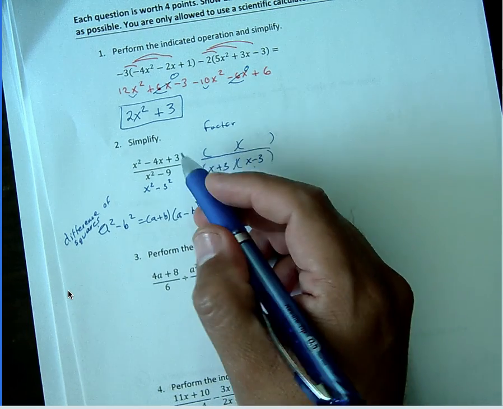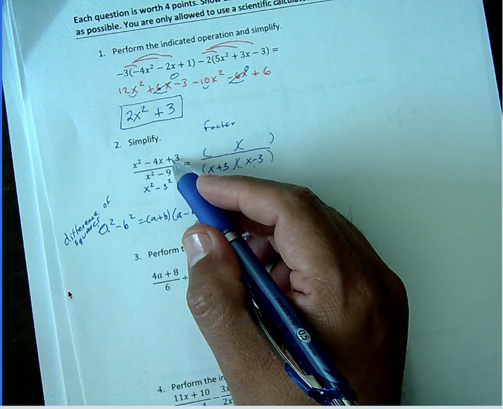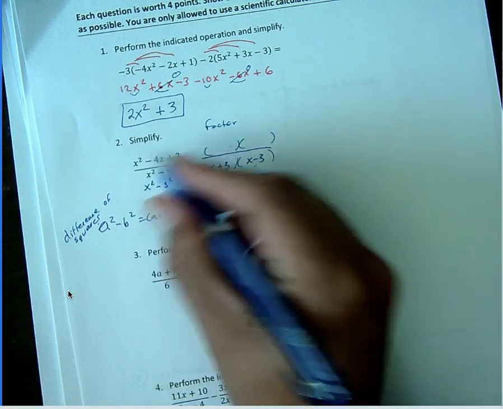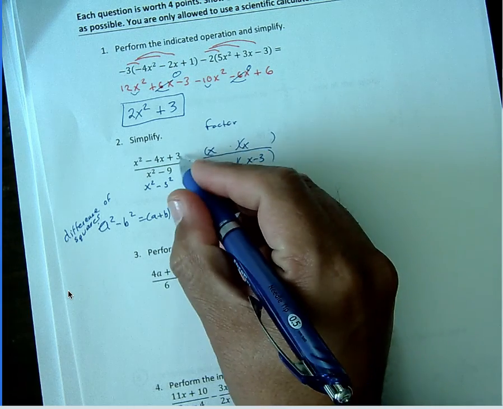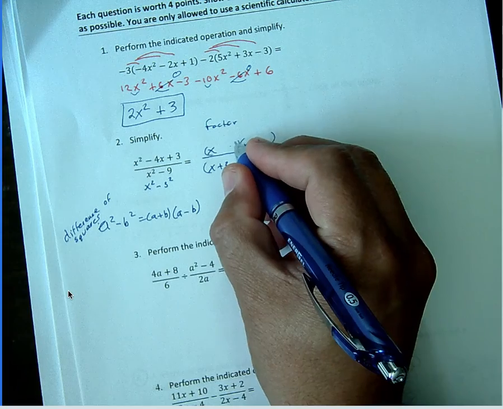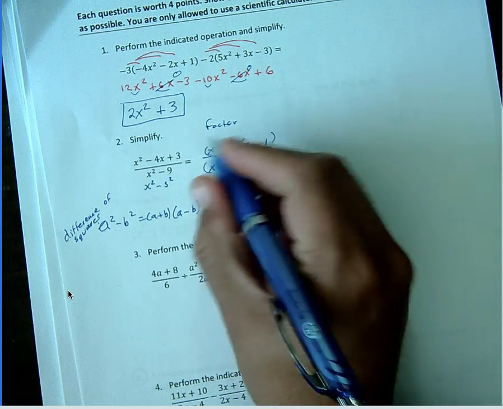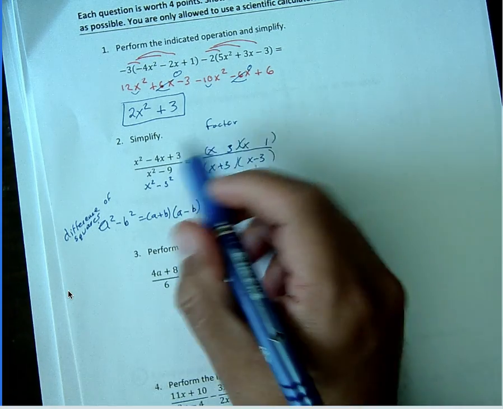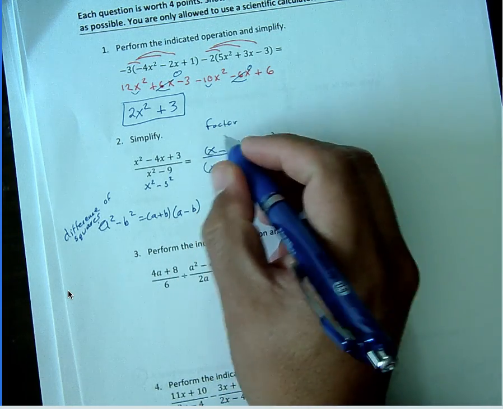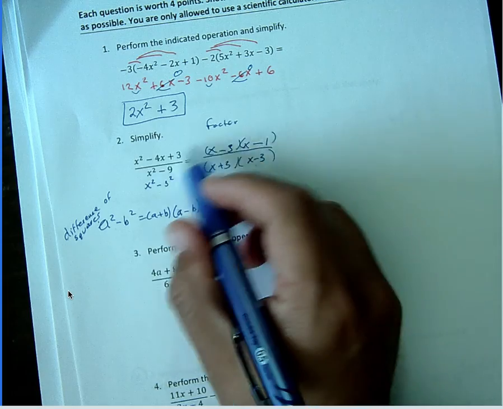And then this one, just regular factoring. They're using x. Two numbers that multiply to 3 and add to negative 4. That would be 3 and 1, multiplied to 3. 3 plus 1 doesn't add to negative 4, but if you make both negative, they multiply to positive 3 and add to negative 4.